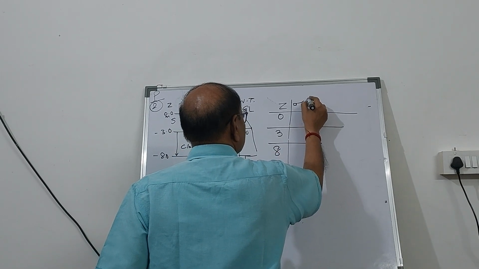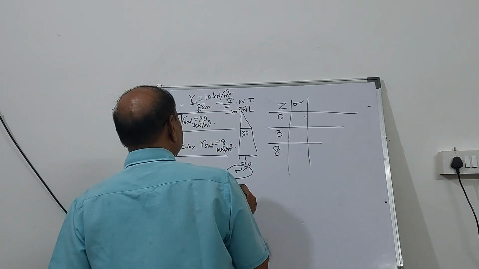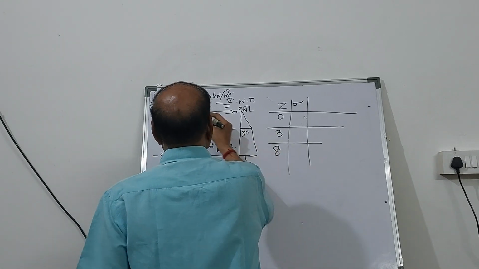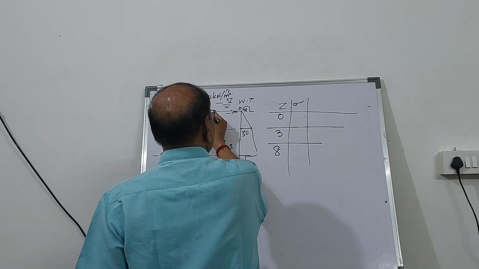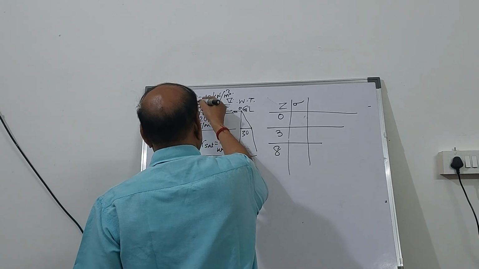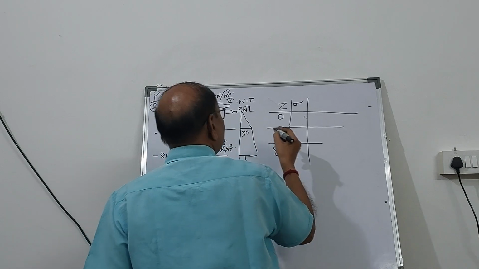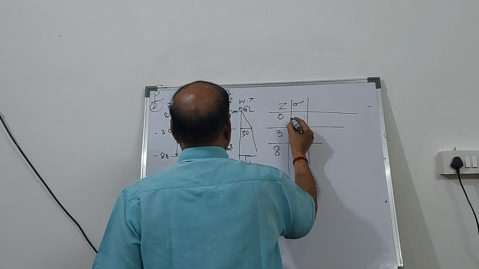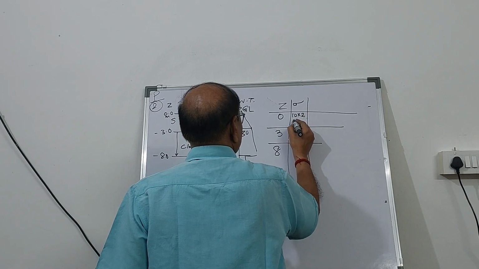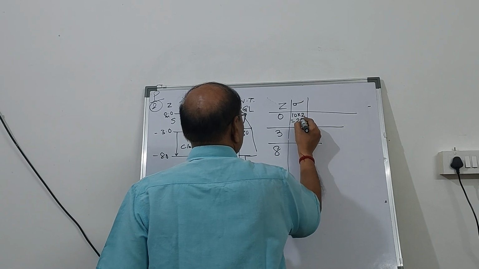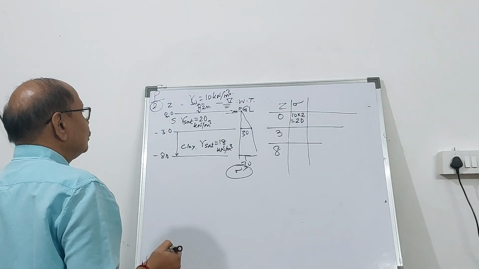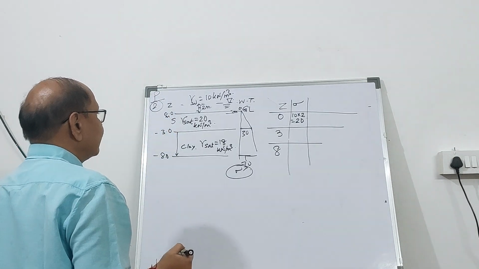So the total stress at 0 is now not 0, but there is a water column. So it becomes 10 into 2. Due to the water column, the pressure in the downward direction will be there.